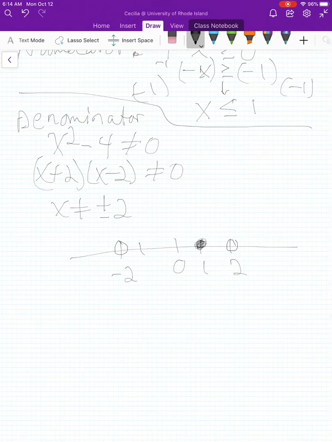So we're going to put a solid circle at 1, and we're going to come over to the left, but we cannot overrun another restriction. So we can jump over it, so to speak, and we can say this is where our solution set, x is less than or equal to 1, but we have to jump over negative 2 because that is not allowed.